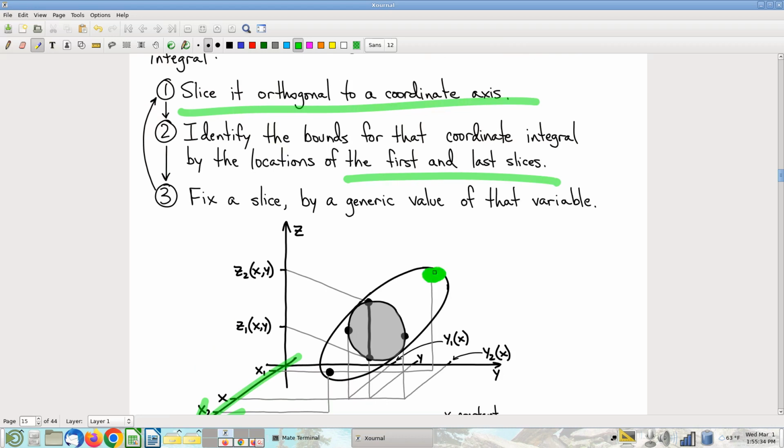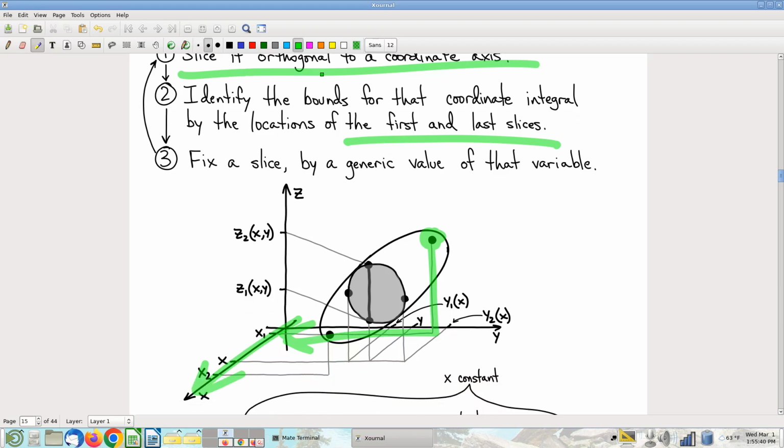I think you can see that here, for that value of x is where the first x slice is, and then way over here is where the last x slice is, just looking at the picture. And that gives you your bounds for that coordinate integral in the iterated integral you're developing.